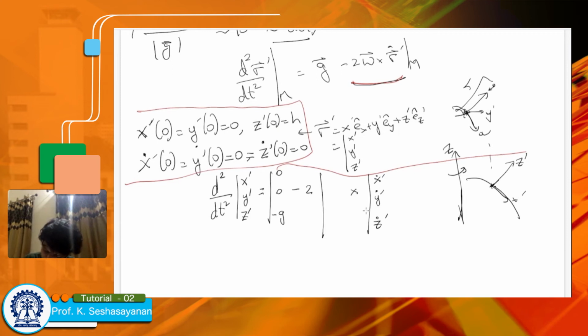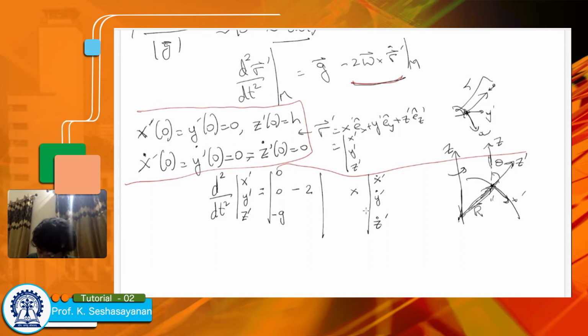So this z axis makes an angle theta with the local normal, which is what we have chosen the z prime axis to be. This is your r vector, and the z prime axis is the local normal, and the z axis makes an angle theta. So your omega vector along z would have a component along z prime, which is omega cos theta, and a component along minus x prime, which is omega sin theta.